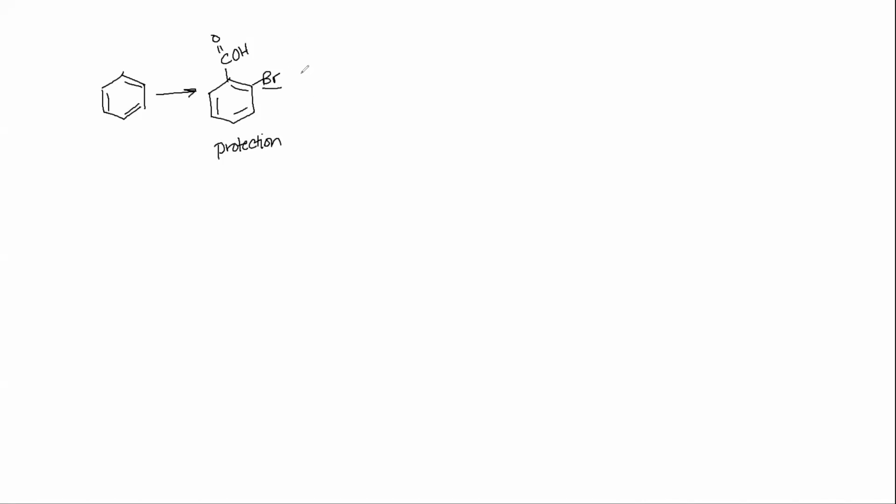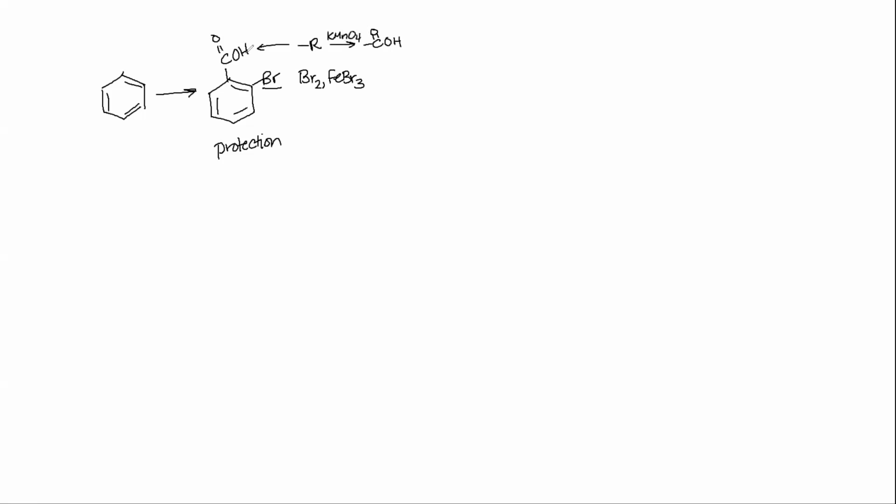That's just going to be Br2 and either Fe or AlBr3. That'll put the bromine on. To put the carboxylic acid group on, we've got a couple of different methods. Probably the easiest way is to put an R group on and then convert it to the carboxylic acid with KMnO4.